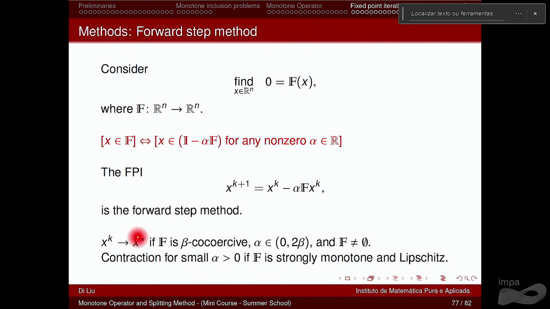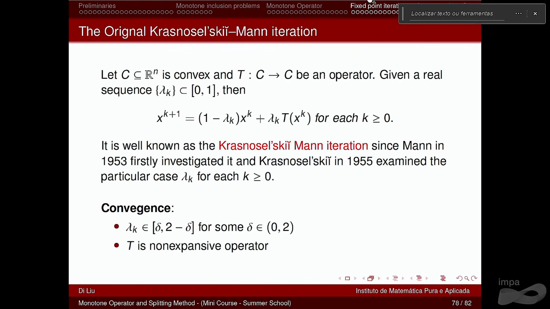Of course you can use the definition of contraction to analyze this method, but you need to assume that f is strongly convex and Lipschitz continuous. It's a stronger assumption. Okay.